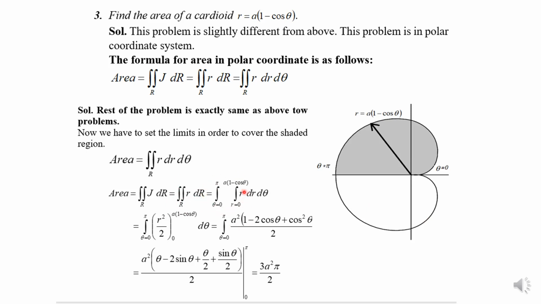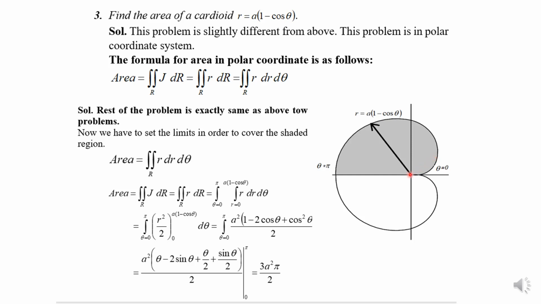Now what about the limits? First I want to integrate along r. Exactly the same way we integrated y equal to 0 up to some variable on the above side, the same is here. When you integrate from r equals 0 to where will r vary up to?